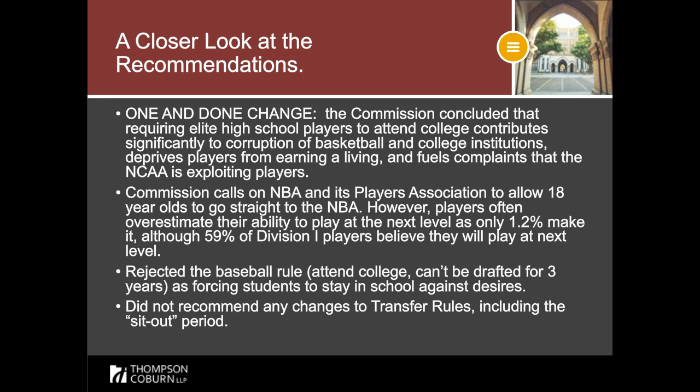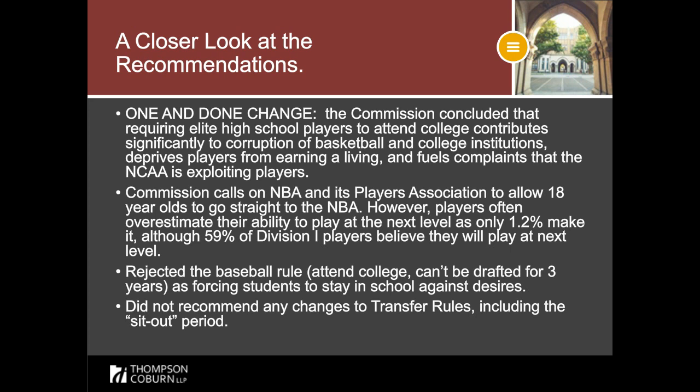This could create a problem because players often overestimate their ability to play at the next level. Only 1.2% of college basketball players make it to the next level, although 59% of those Division I players believe they will play at that next level.